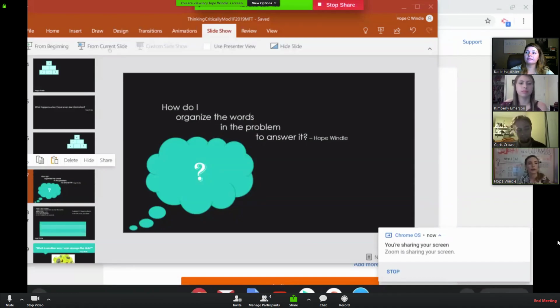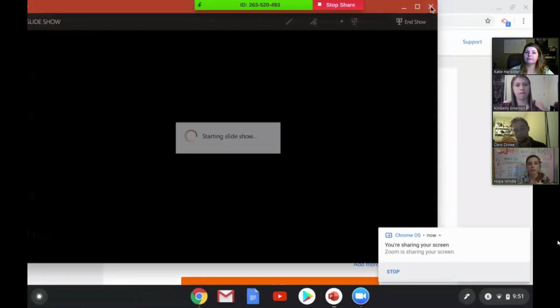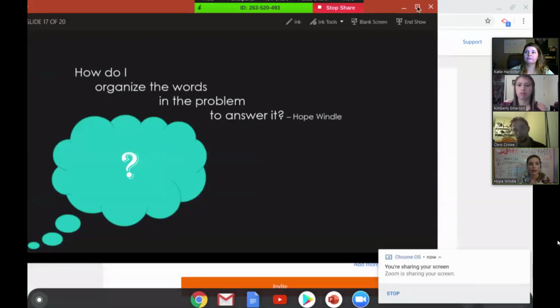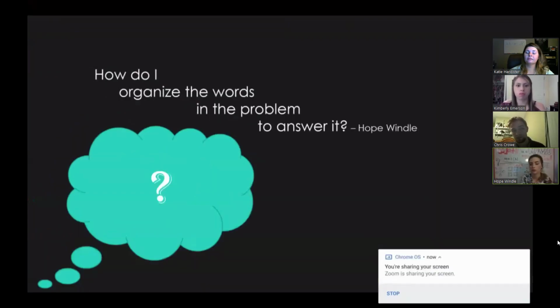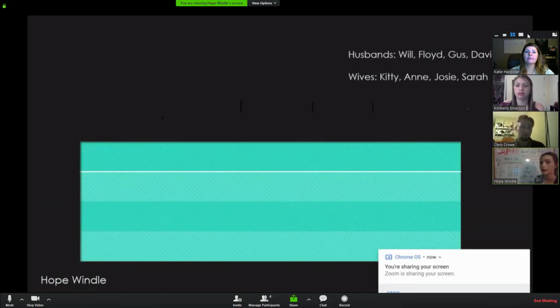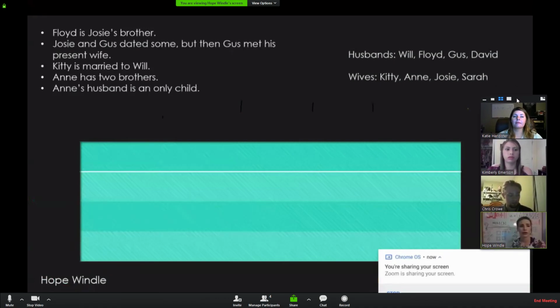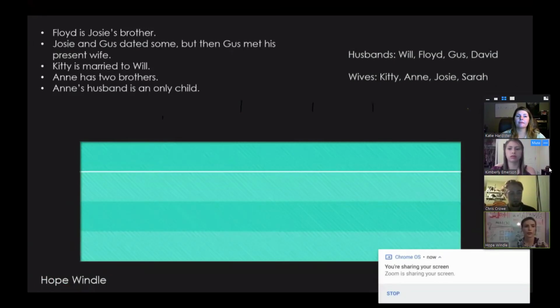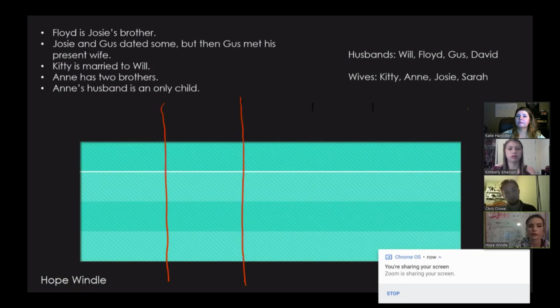We know that there is a bridge team, and that they are the wives: Anne, Kitty, Josie, Sarah, and then the husbands in no respective order are going to be Will, Dave. The clues we have are in the word problem: Floyd is Josie's brother, Josie and Gus dated once, and you can read all that for yourself to organize this and try to help figure this problem out.